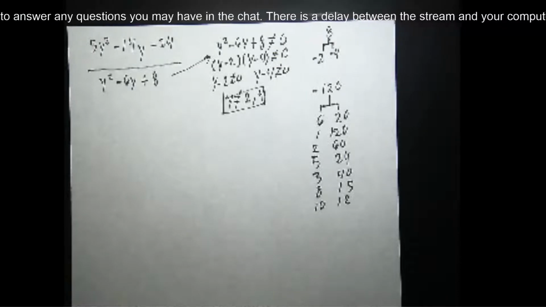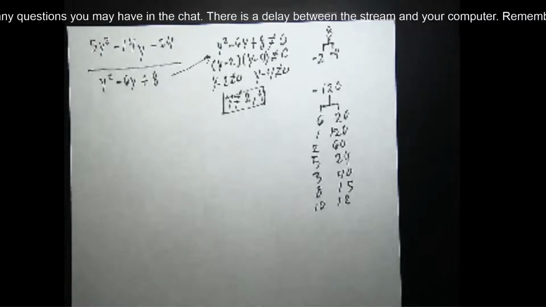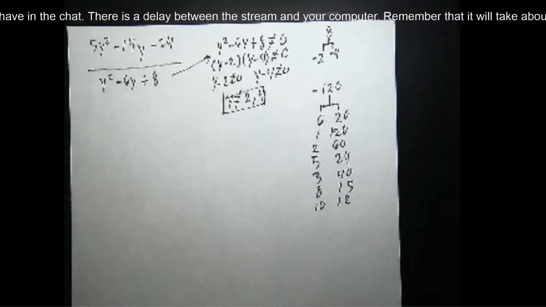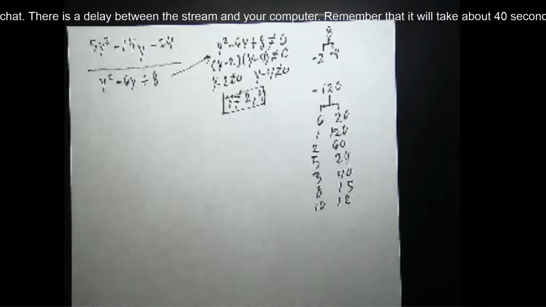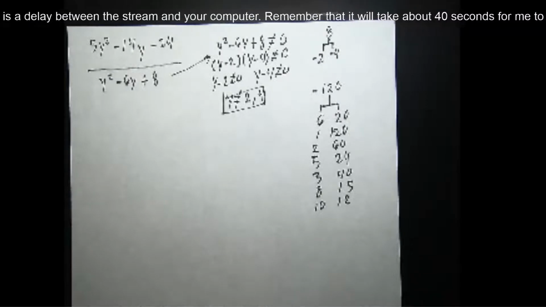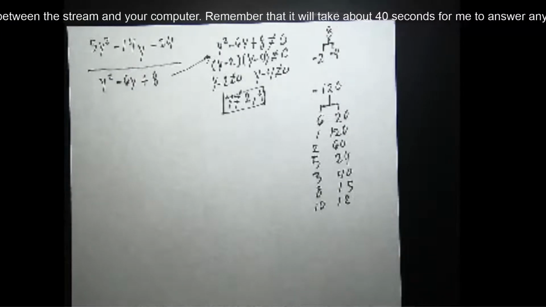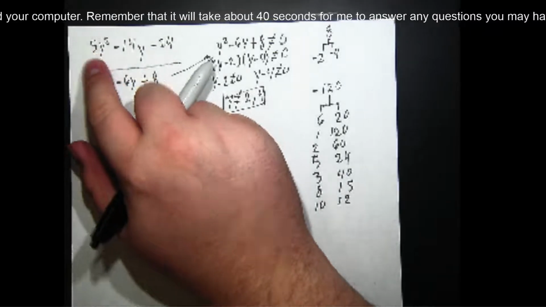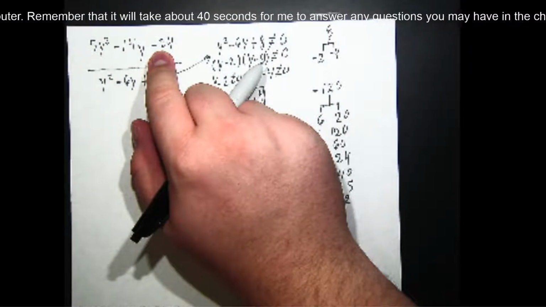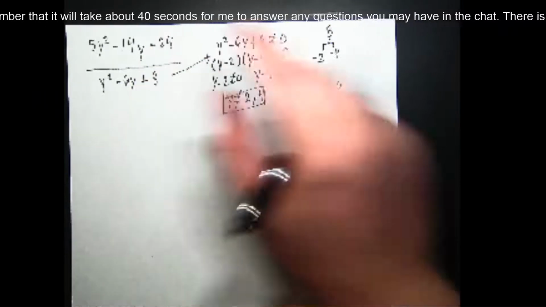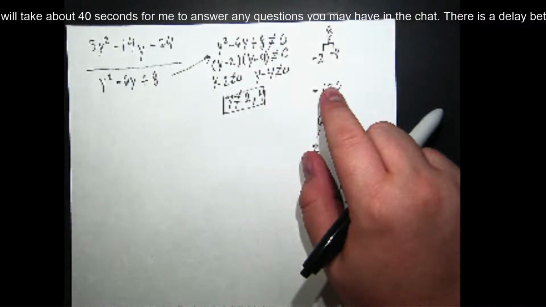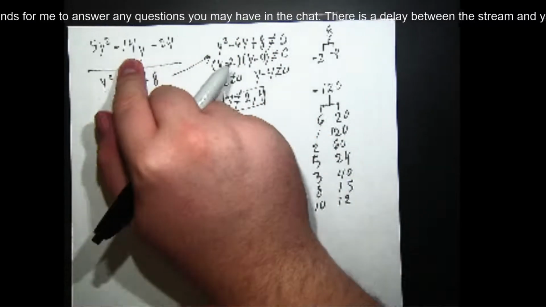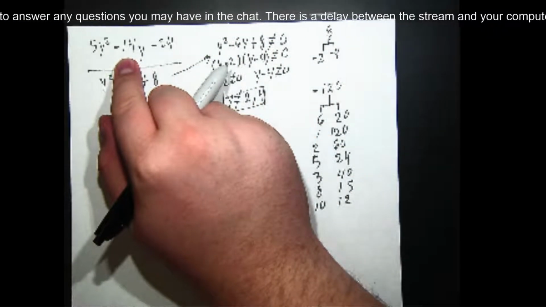So again, we want negative 14 there in the middle. So what's going to give us that negative 14? 6 and 20. But I'm coming across a problem here. Our AC is positive 5 times negative 24, right? So that gives us negative 120. Our B term is negative 14, right?